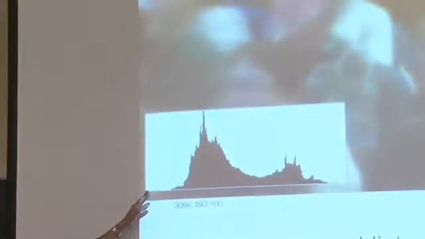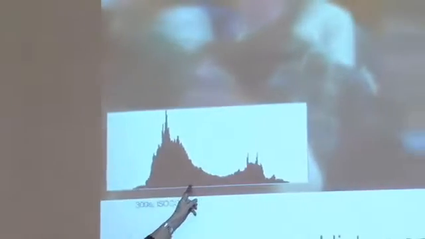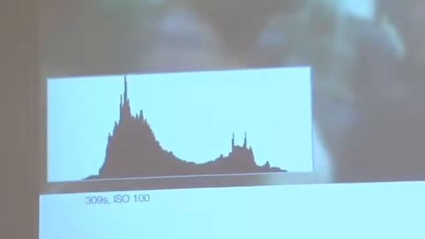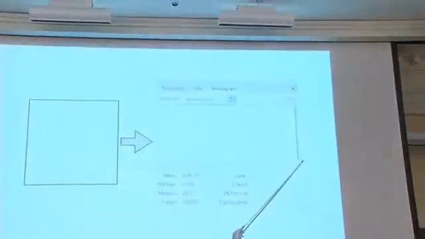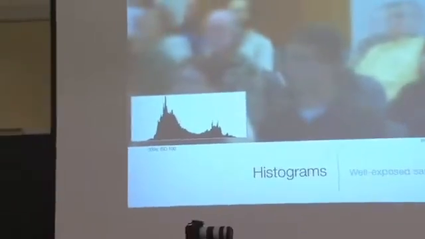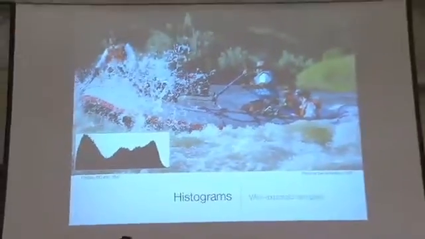And the reason that I know that is that all of the tones, as shown by the histogram, fit within the histogram. There's nothing at the far ends, as we would see if there were some pixels that were completely overexposed, we would see a little bump all the way on the right side, and vice versa for underexposure.